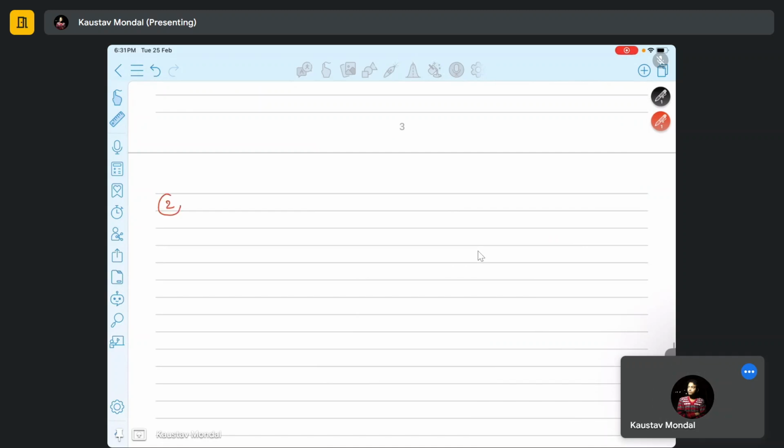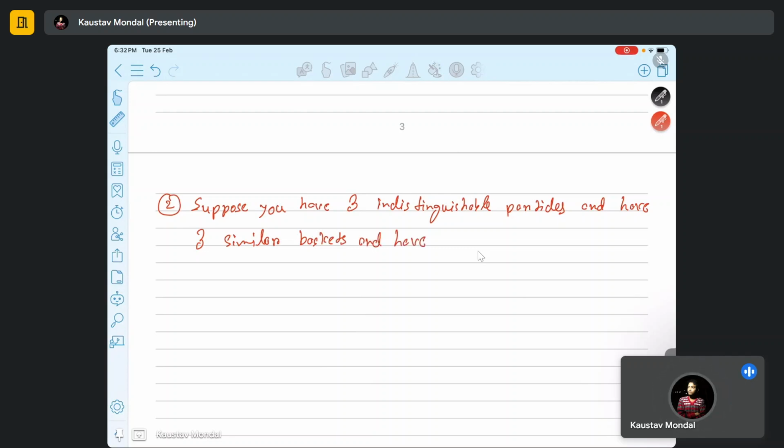So problem number 2. Suppose you have three indistinguishable particles and three similar baskets, and you have to place these balls in these baskets.